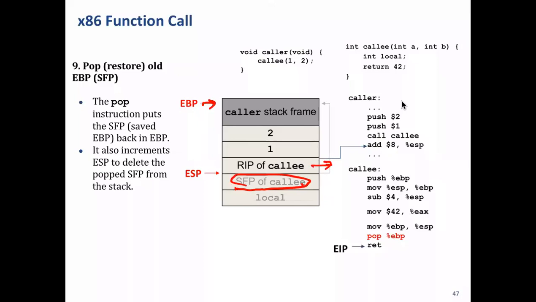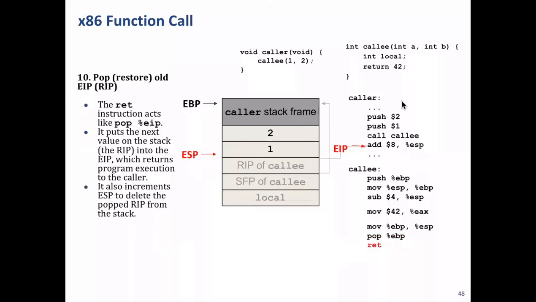So when we pop this, the EIP value or PC value becomes this address, which is the return address, right? In order to do that, we have to pop once more, which is not shown here because it's part of the return instruction.